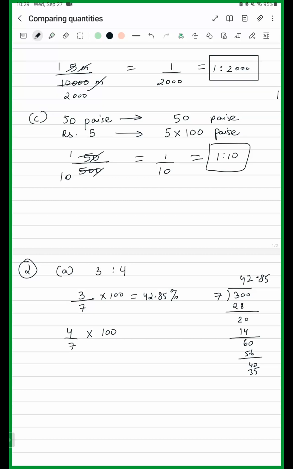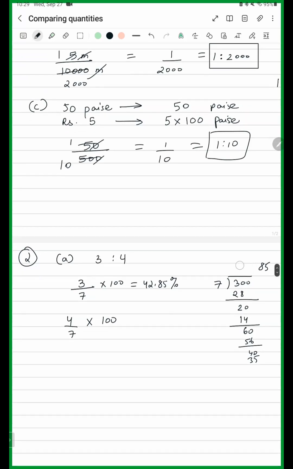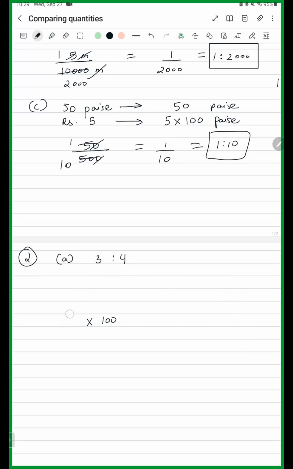Wait a minute. I'm sorry, I was doing it in a different way. You are supposed to do this in a different way. See, you have to convert this into a percentage, means that first you convert this into a fraction.